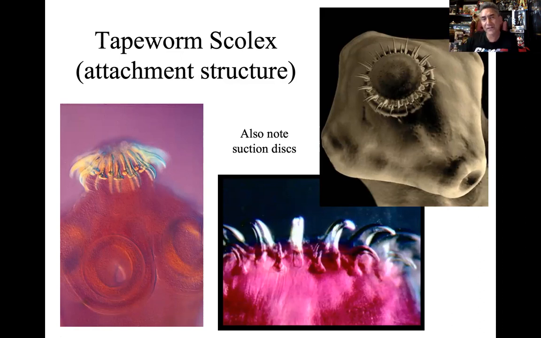And then for secondary strengthening, one of the suction discs will face the intestinal wall, suck on, and get a grip there. So once you have a tapeworm attached in you, you have a friend in you, right? You have this parasite that you carry along with you wherever you go. They can live there for years and years.